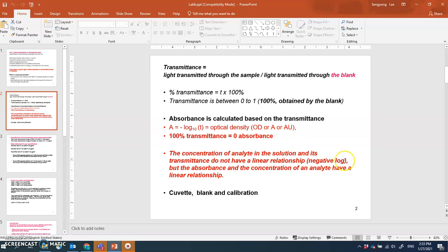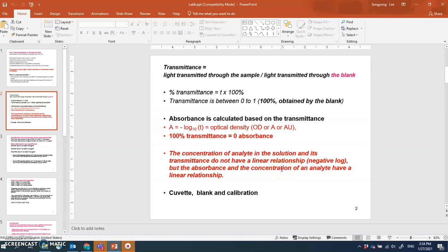But the absorbance and the concentration of analyte have a linear relationship. That's the key. The more molecules there are, the higher tendency they have to absorb more light. So there's a linear relationship between the absorbance and the amount or concentration of analyte you have in your sample.